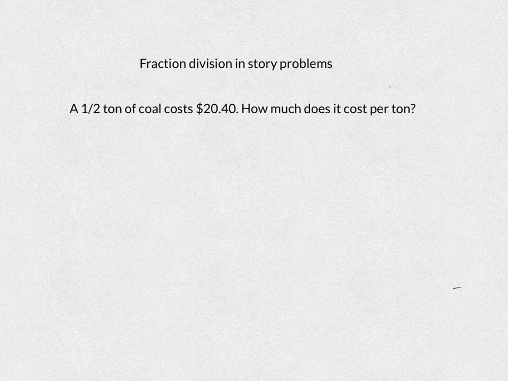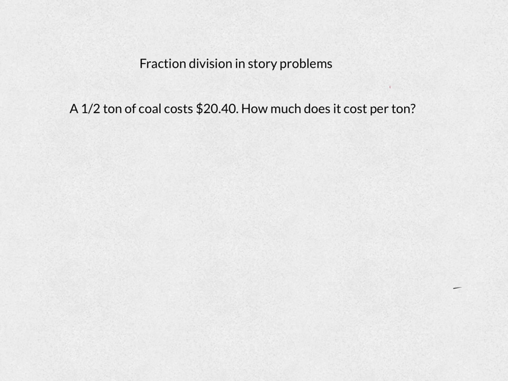And so if you take a look at it that way, we have this word per here, and we want to know our cost per ton. So we can write that as a fraction and say our cost per ton. And every fraction is a division problem, so that tells us, oh, my cost is $20.40. I'm going to divide by half.